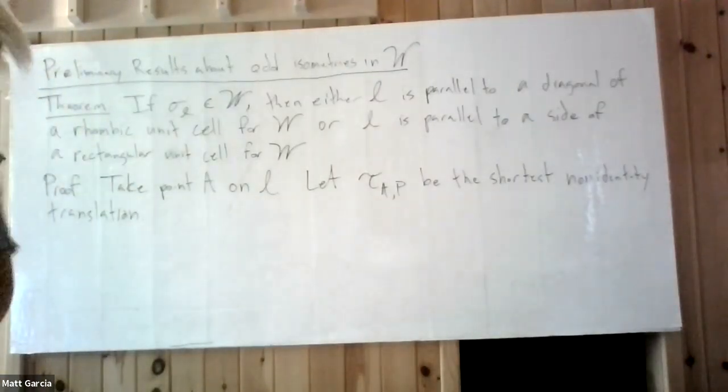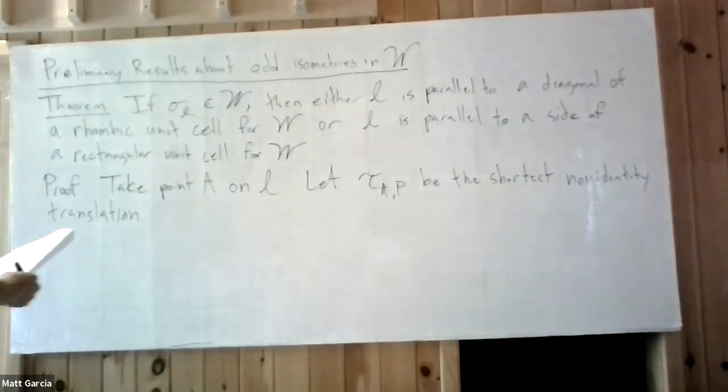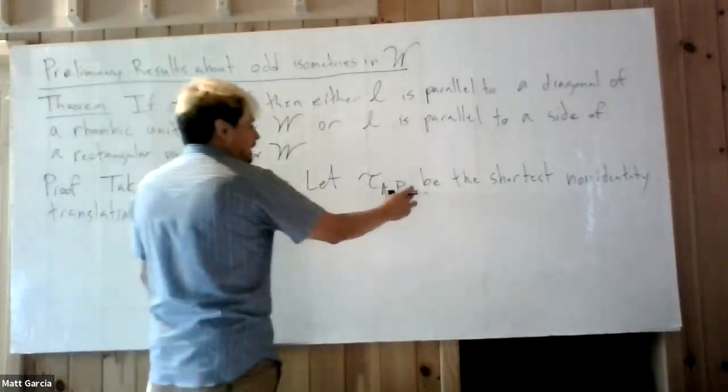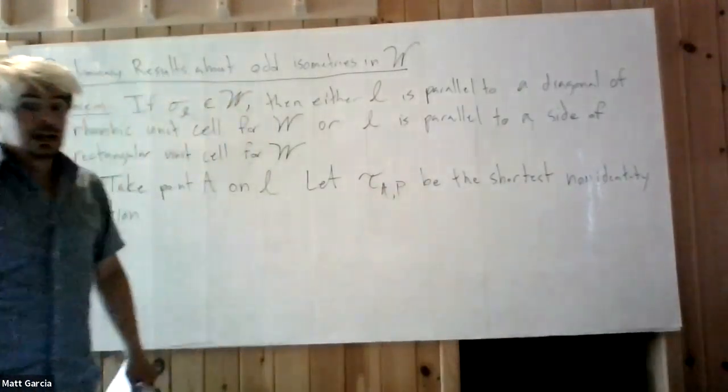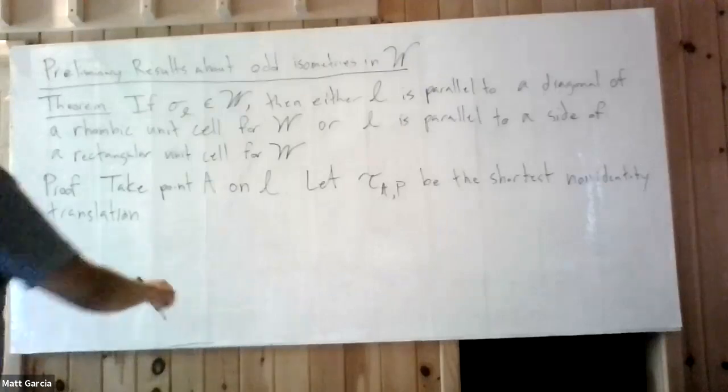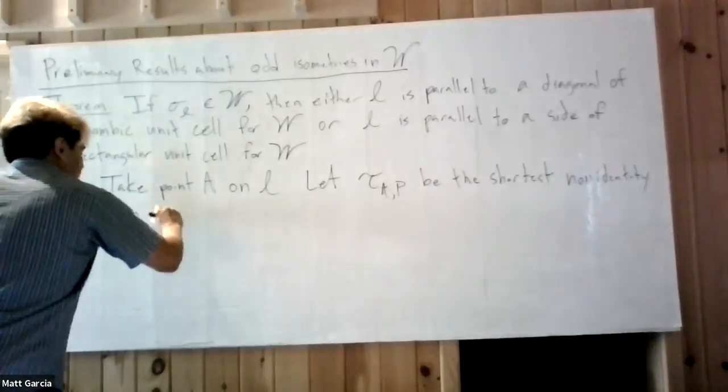So that is to say, I've just taken P to be the shortest non-identity translation in W.